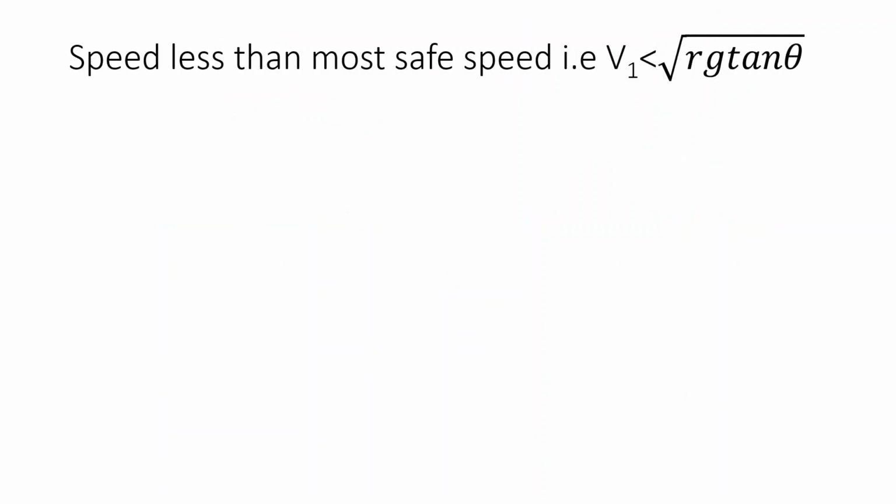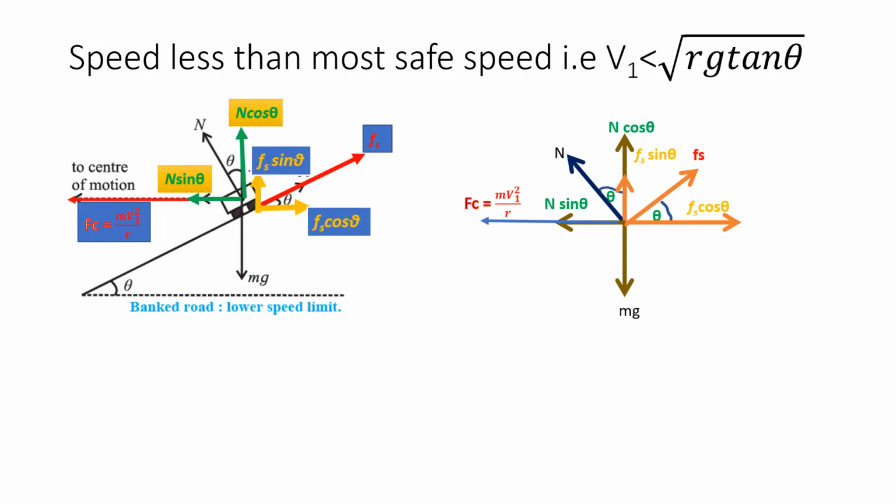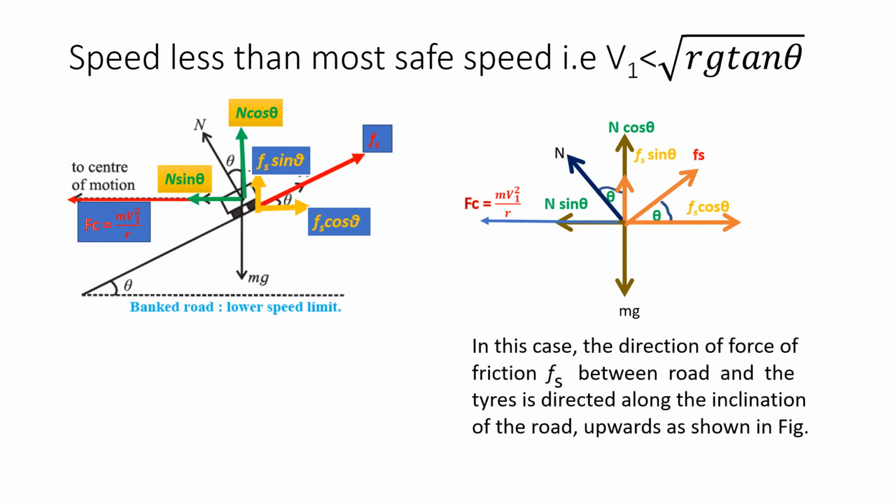Let us calculate the value of speed which is less than the most safe speed, that is v1 less than square root of rg tan theta. These are the vector diagrams for a vehicle moving on a rough curved road. In this case, the force of friction Fs between the road and the tires is directed along the inclination of the road in the upward direction, as shown in the figure.